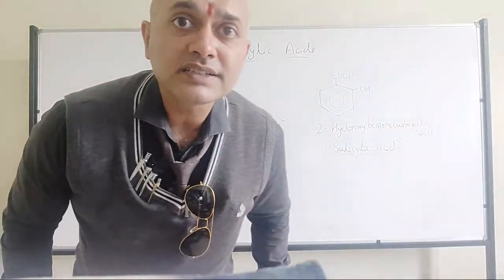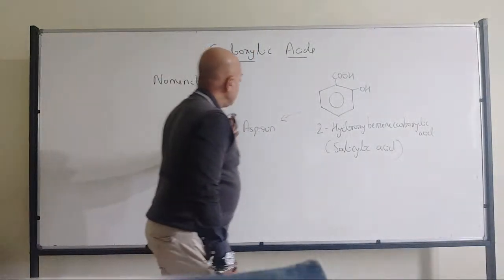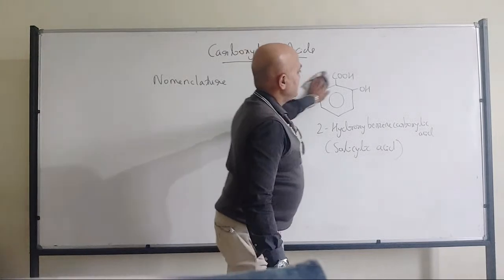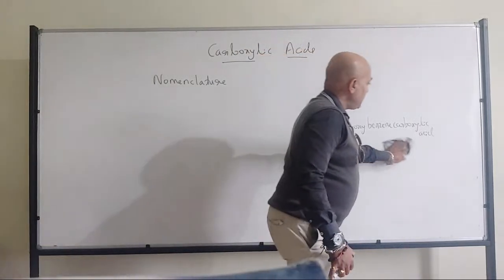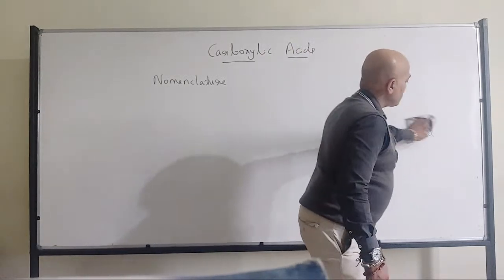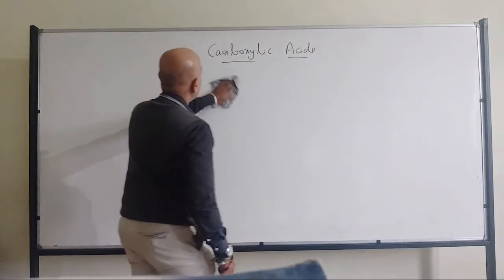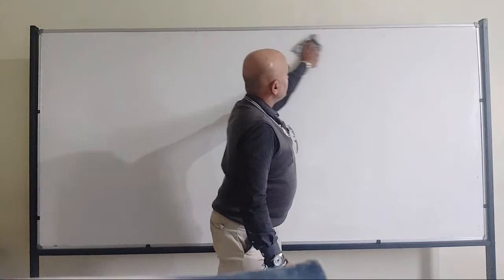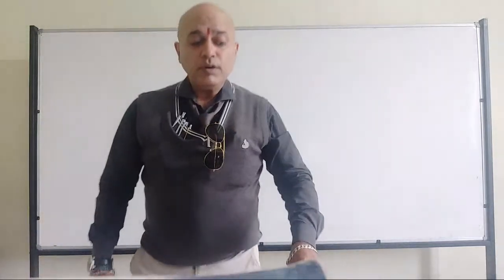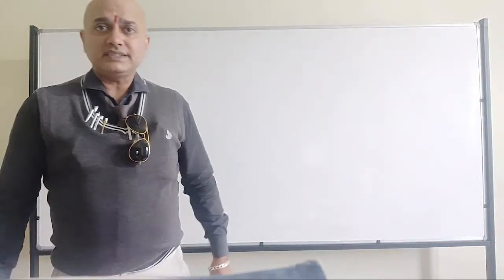Okay, Archit has written. Even Brinda. Very good. So the IUPAC name of salicylic acid will be 2-hydroxybenzene carboxylic acid or 2-hydroxybenzoic acid. Anything is fine.